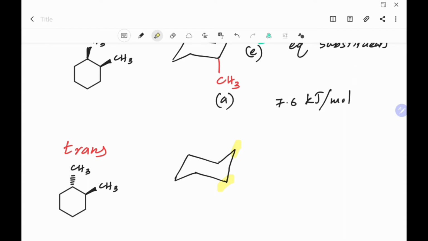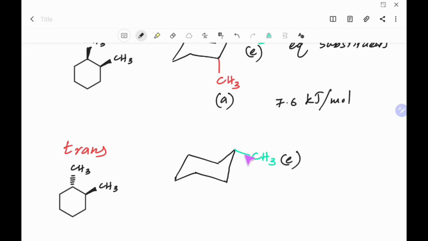These are the two carbons of interest, and when you start with the first carbon, put the bond in an equatorial position. So this CH3 is in equatorial position. And this is a trans molecule. So here's the other carbon. In a trans molecule, the two CH3 groups should be on two opposite planes.